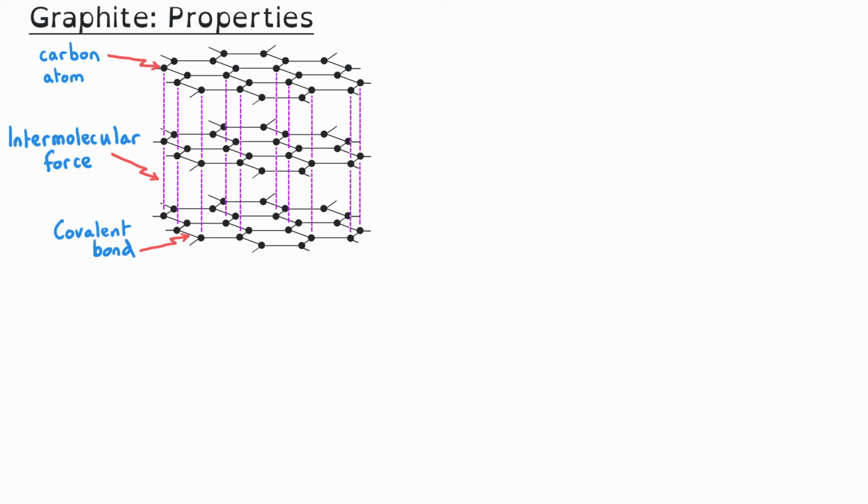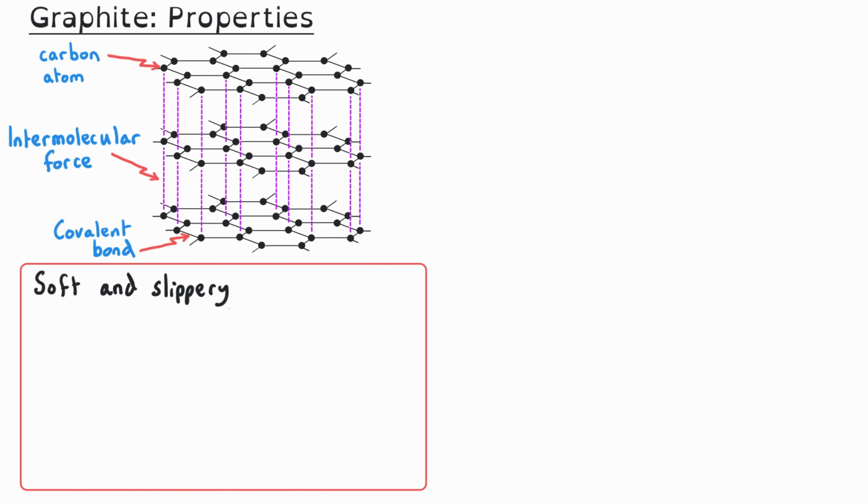The structure and bonding of graphite gives rise to 3 important properties that give graphite some of its uses. First of all, graphite is soft and slippery, which enables it to act as a lubricant and reduce friction. The reason that graphite has this property is down to its layered structure of interlocking hexagonal rings.